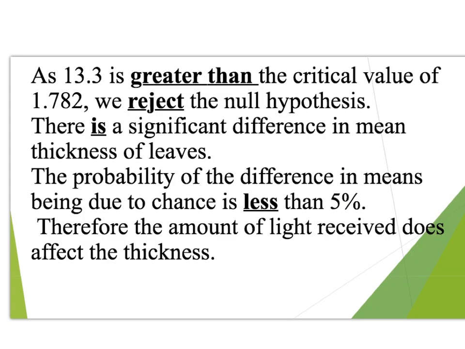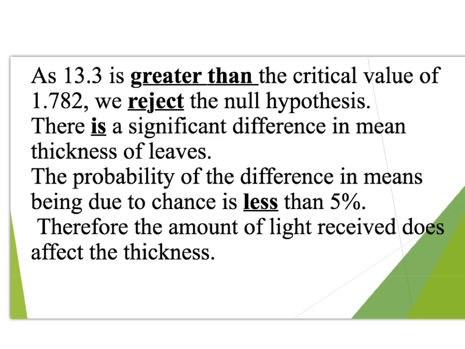And then for our conclusion, there are 3 or 4 important steps that you go through. First of all, state whether your calculated value is greater than or less than the critical value. In this case, our calculated value is greater than the critical value of 1.782. Then you need to use this to say whether you're going to accept or reject the null hypothesis.